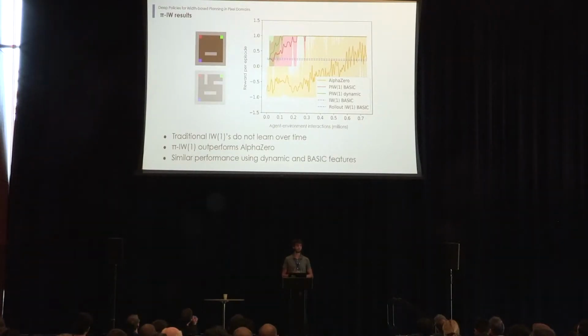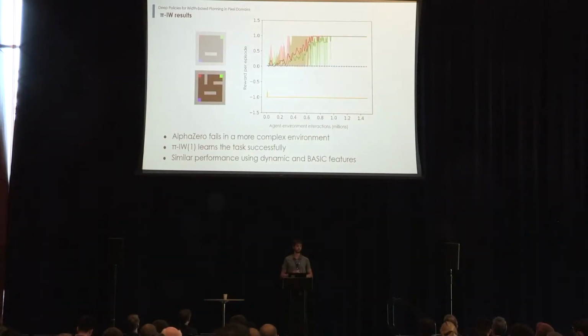We can also see how our approach outperforms AlphaZero, here shown in yellow. And surprisingly, there is similar performance, and here even better, for the extracted features version from the neural network compared to the one in red for the predefined one.